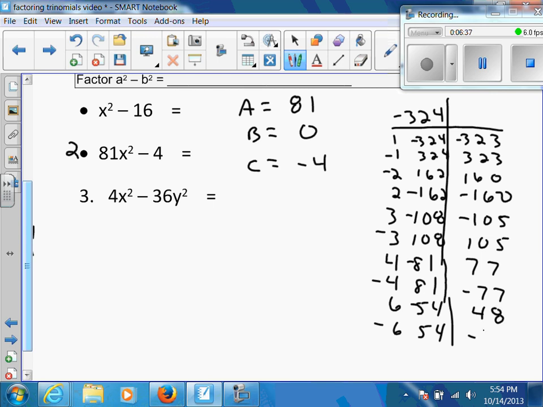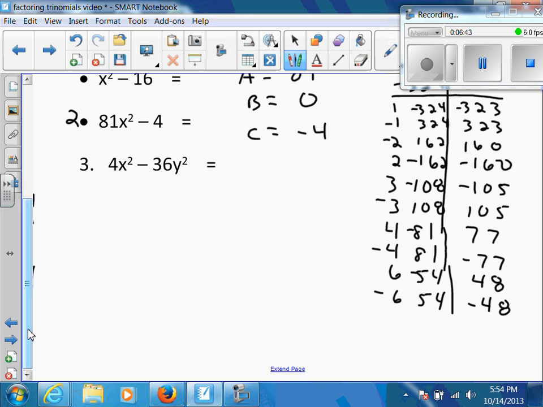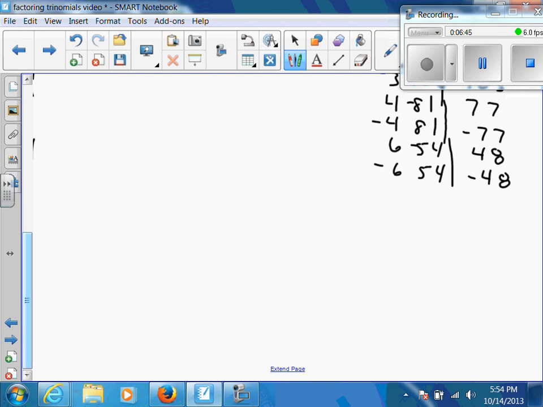Slowly but surely, we're getting to our number that we want. Now we're going to try 7. 7 doesn't work. I'm going to try 8 next. 8 doesn't work. 9's next. 9 and 36. We have 27.